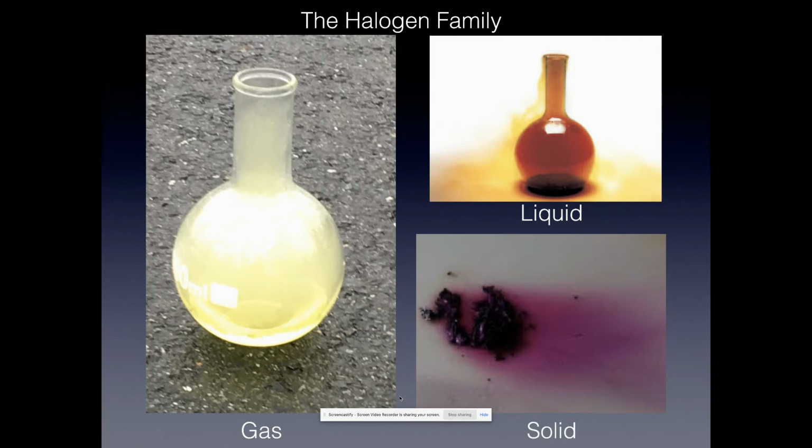So what's going on here? As you increase the number of electrons present, going from chlorine to bromine to iodine, you increase the polarizability of the electron cloud around the molecule. And if it's more polarizable, that means you have a stronger IMF.